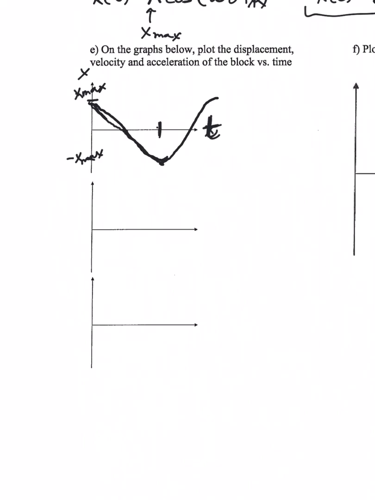So this is equilibrium, isn't it? Where's equilibrium? At 0. Equilibrium is here and here.